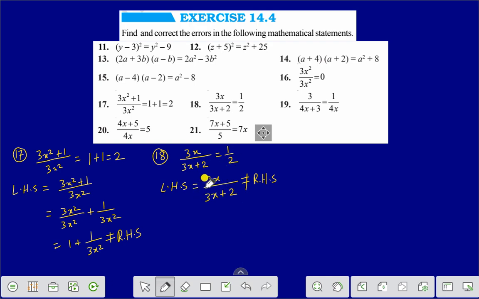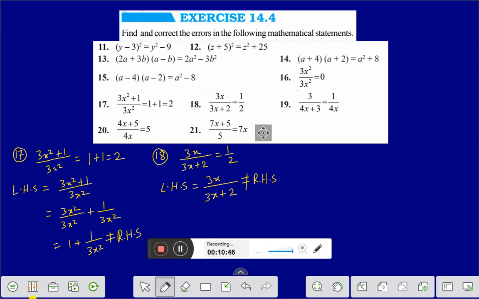Now question number 19. Question number 19 is 3 divided by 4x plus 3 is equal to 1 by 4x.